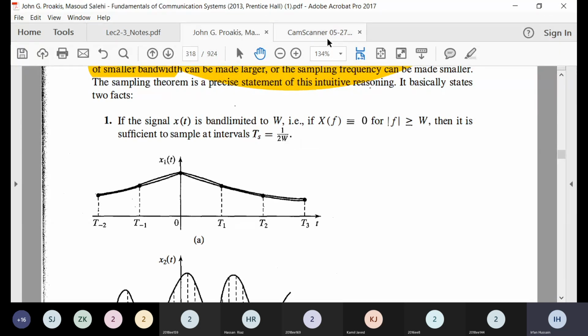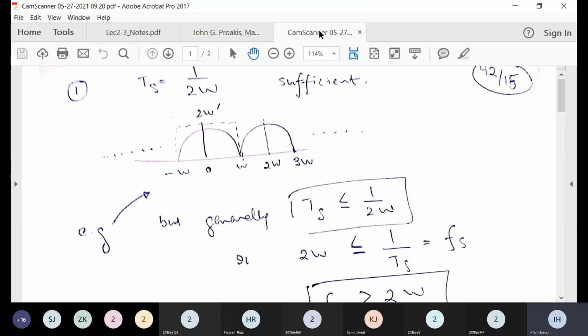Now, why is this so? You can see that Ts = 1/2W is sufficient. What is happening by sampling is that you are replicating. Once you sample the signal, you replicate the spectrum infinitely, and every other spectrum is present at the sampling frequency.